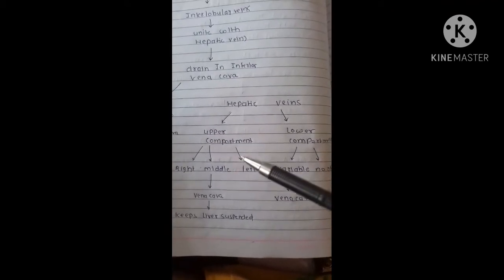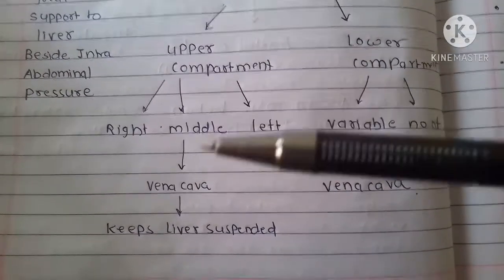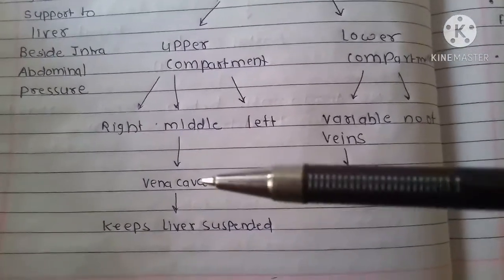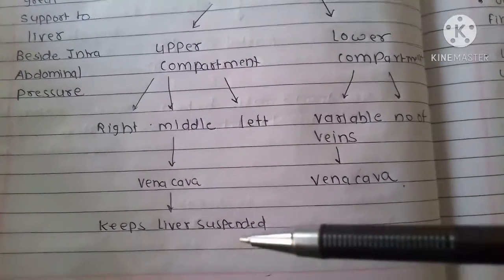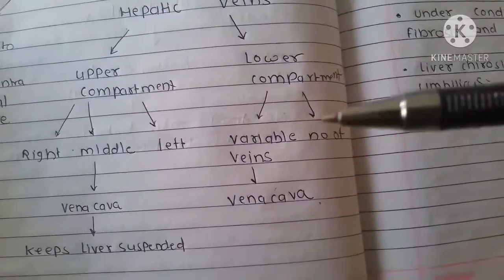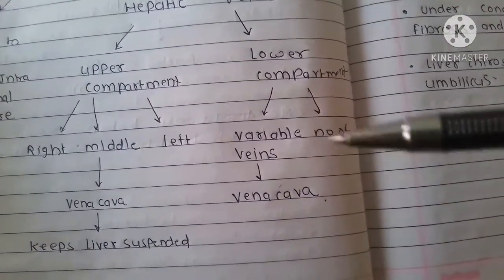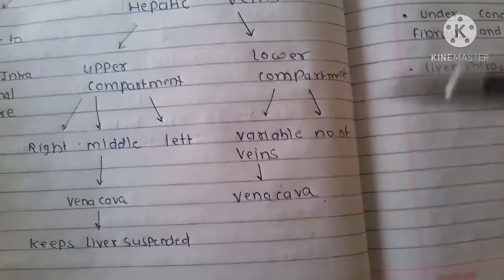The upper compartment contains three types of veins, and it keeps the liver suspended. Now the lower compartment is divided into a variable number of veins, and they reach the vena cava directly.